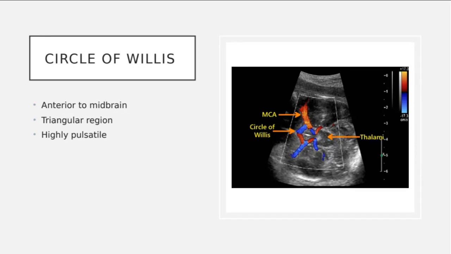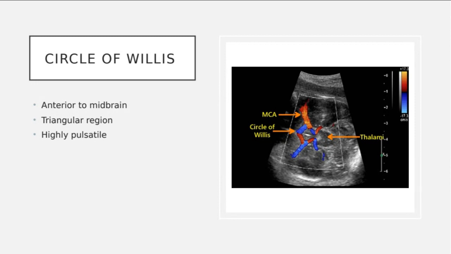But the circle of Willis, just like any adult human being, we have that as our main vascular communication in our brain. It is going to appear as a triangular pulsatile vascular region. And the only reason that we typically will do evaluation of the circle of Willis is for our MCA. This is our middle cerebral artery. This is something that can be affected and can give us a better idea of IUGR.